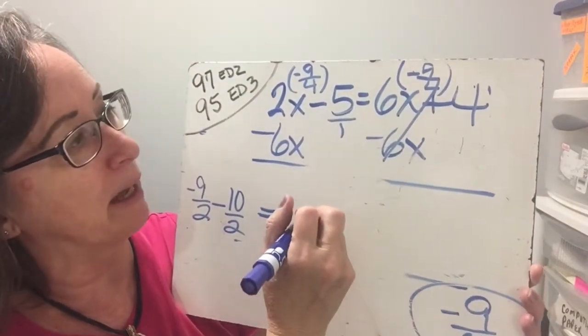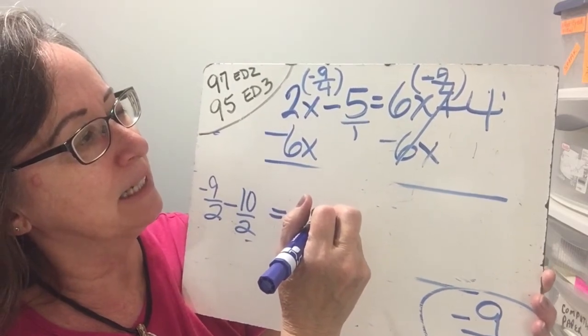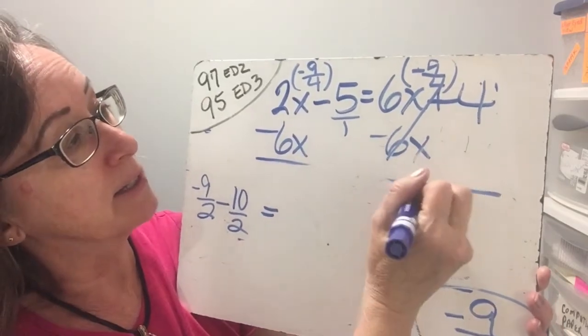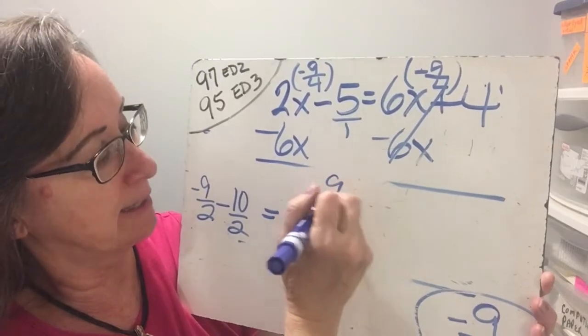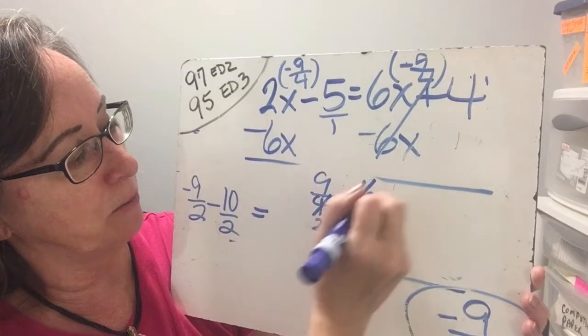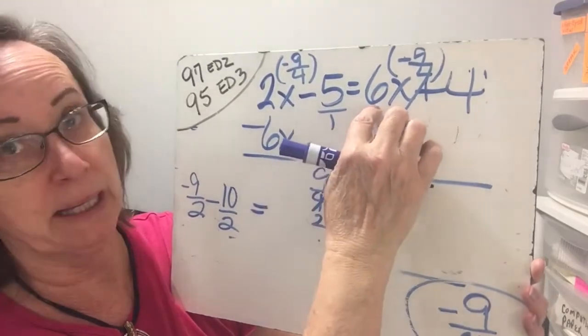So let's just do the whole thing. That's going to be a 9/4 and a 6 over 1. This cancels with this, 2, 3, 27 over 2, and it's going to be negative.